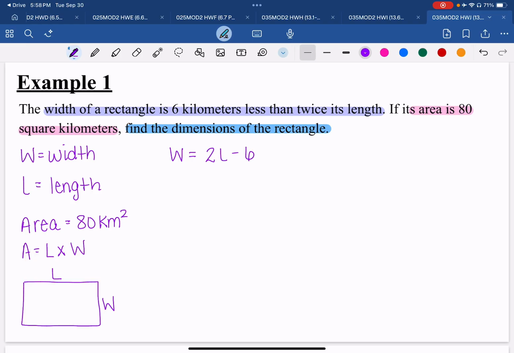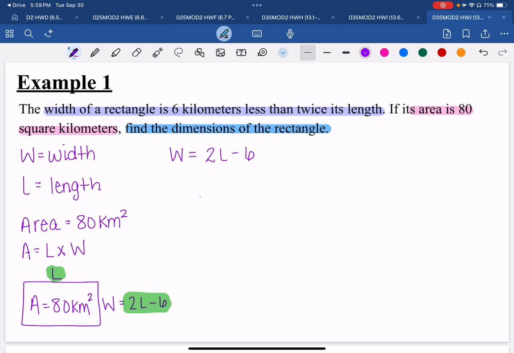I don't know anything about the length, but I do know that the width is 2L minus 6. So if I know that, and I've got this, and I've got this, both of those are in terms of length. I could work with that. And then I know that the area is 80 square kilometers. Hey, I could find that.